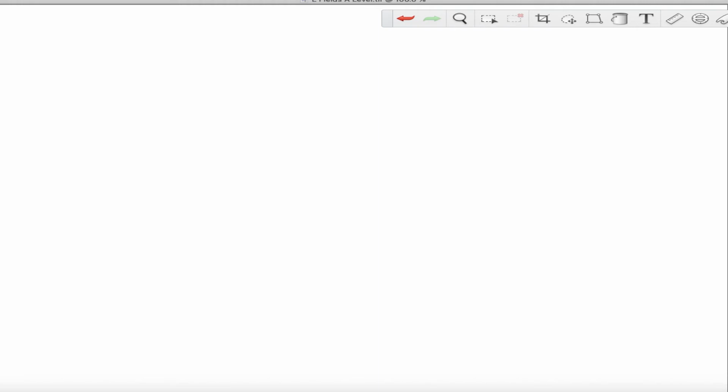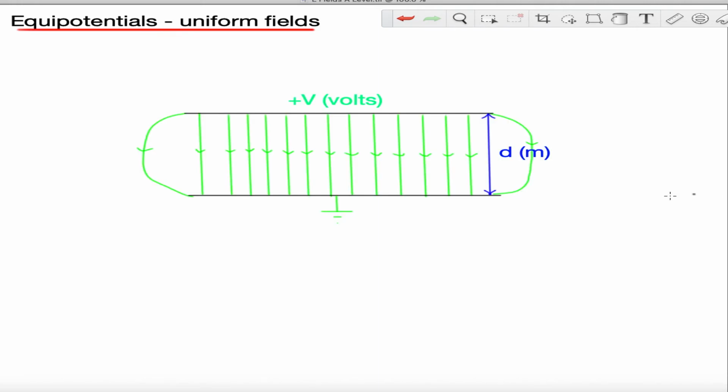So looking at uniform fields then, you might remember, hopefully you'll remember this diagram, the field lines between two parallel plates. Let's call this 70 volts, let's call this 0 volts, because it is.